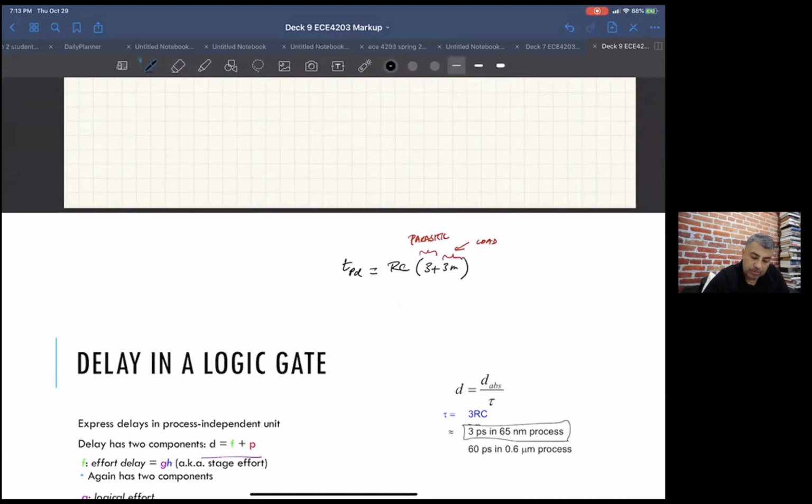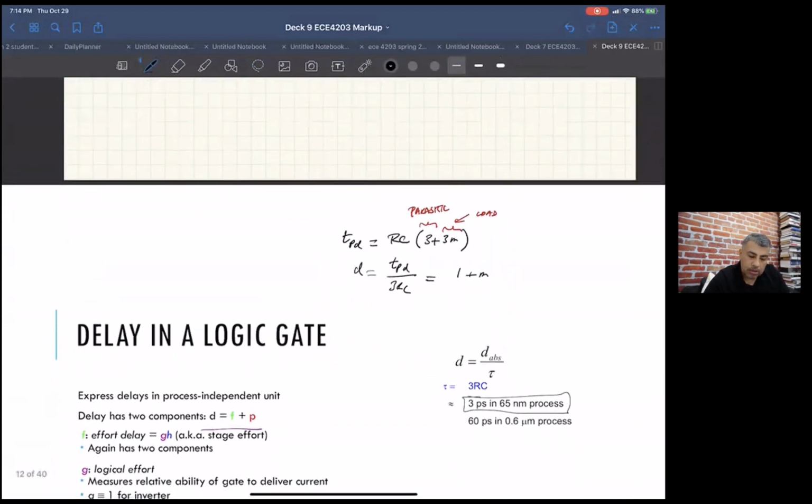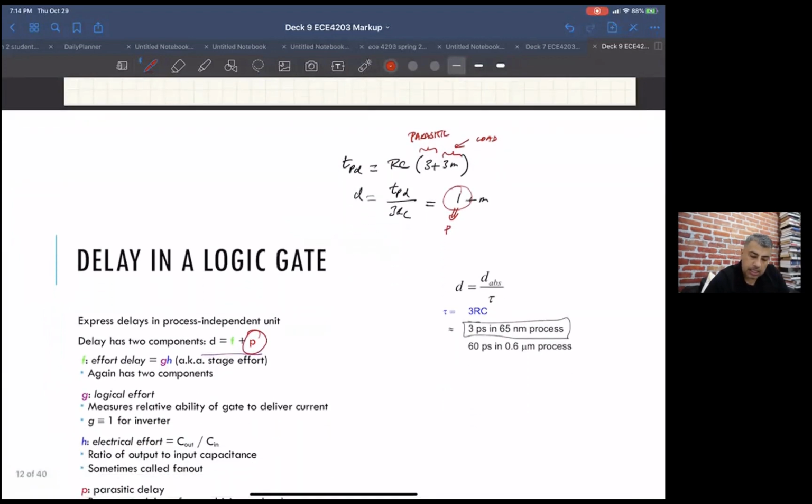If we call the delay tpd over 3RC, we're going to end up with 1 plus M. The 1 is the parasitic component, P. And M is our load component, and we're calling that the effort delay.